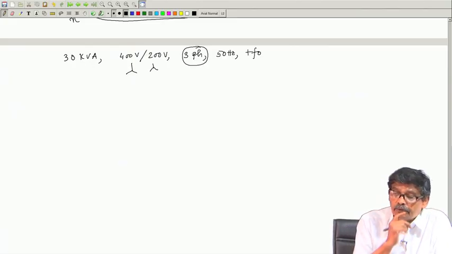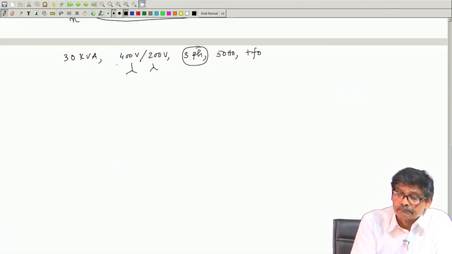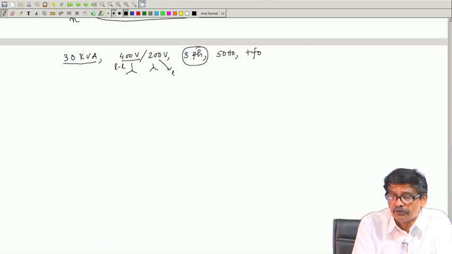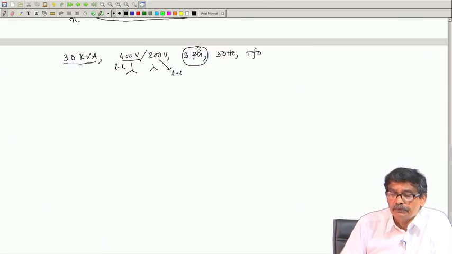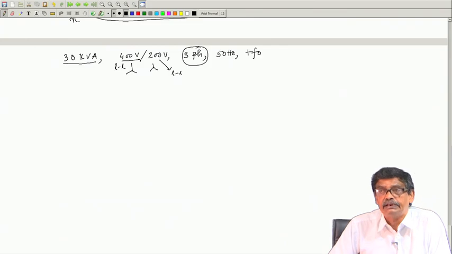I know that this is the total kVA, this is the line to line voltage, mind you, of the HV side. So, in the same way you carried out the open circuit and short circuit test, here also you should do the same thing.